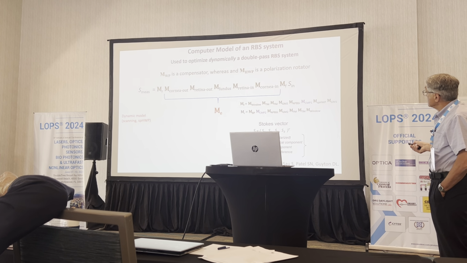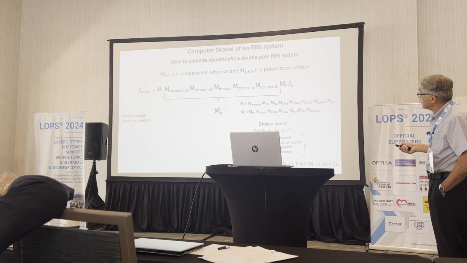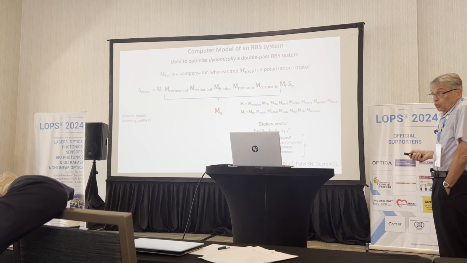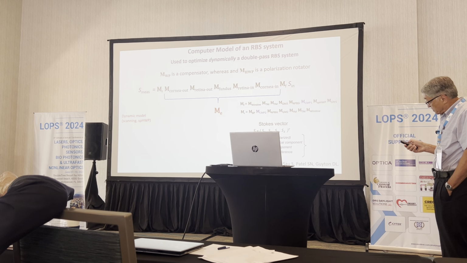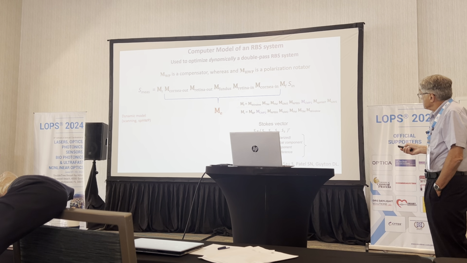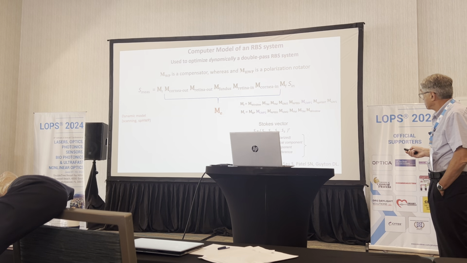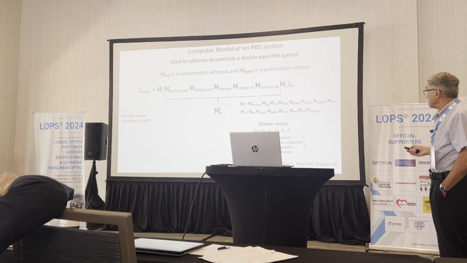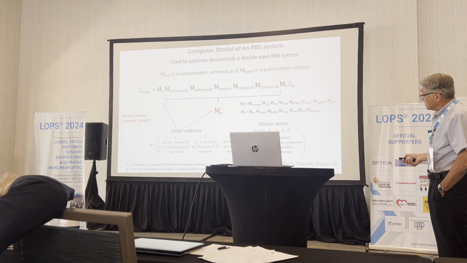Before that, the cornea, retina in, and then the retina out, and cornea out. They all change in time, and they all depend on the patient's properties. So basically, we have a Mueller matrix.